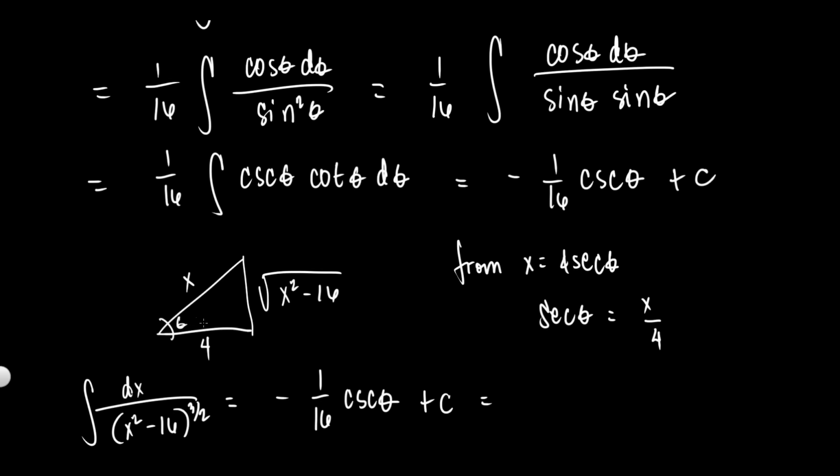So, from this triangle, ang kailangan ko is the hypotenuse over the opposite. So, yun yung cosecant. Okay, so negative 1 over 16, hypotenuse is x over the opposite, which is the square root of x squared minus 16, plus c. Ito na yung ating final answer. Okay? Yes.